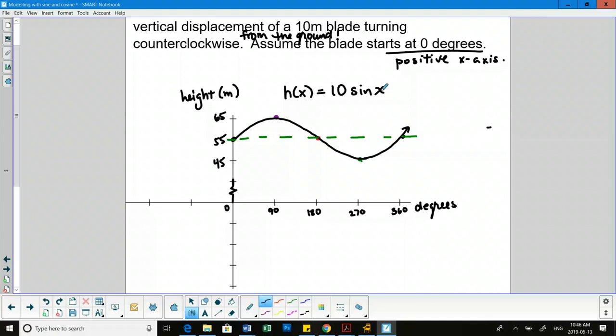Yeah, we do. Where's the new c value? 55. So we'd say plus 55. Right, because this is actually the midline right here. C is at 55 here. So this would actually be the height of my graph. What's the normal c value? 0. Yeah. So for a regular sine or cosine function with no changes at all, c is resting at 0. Awesome.